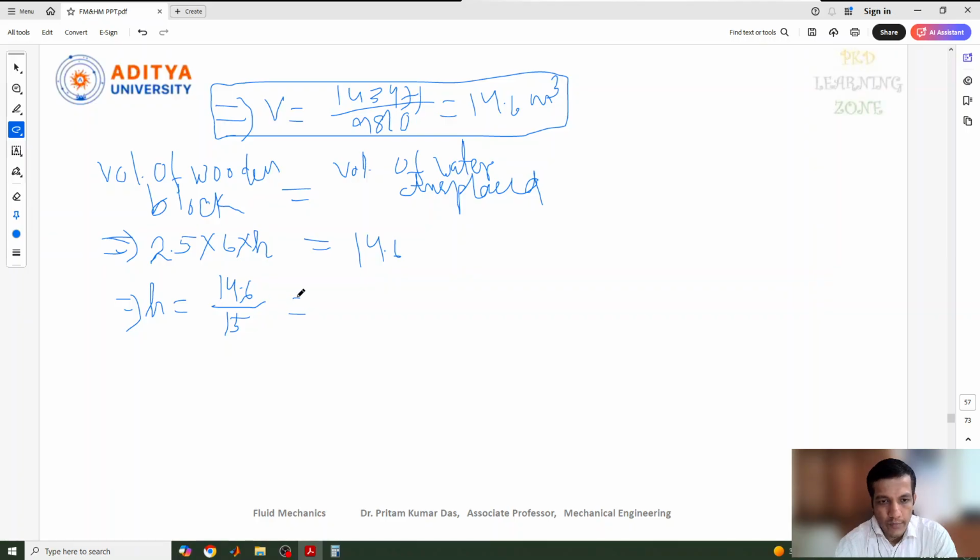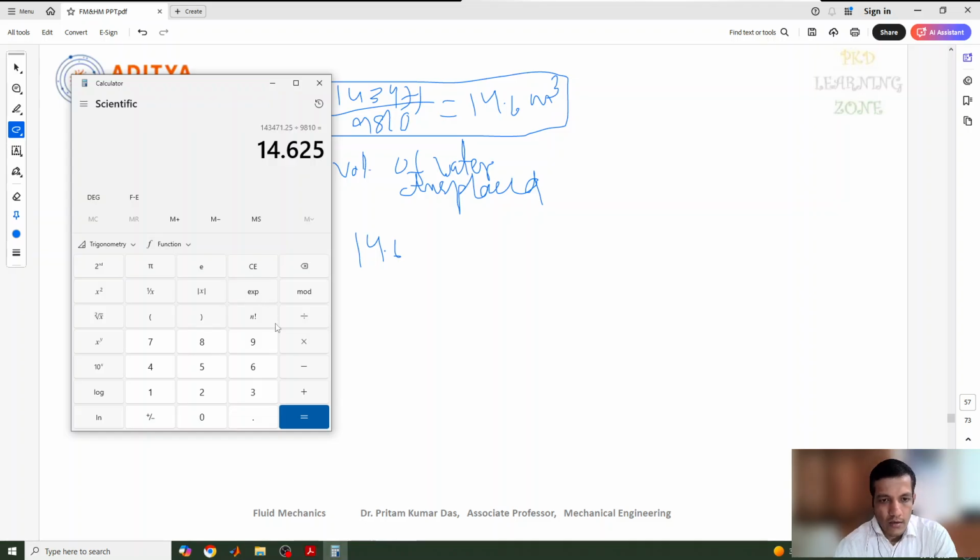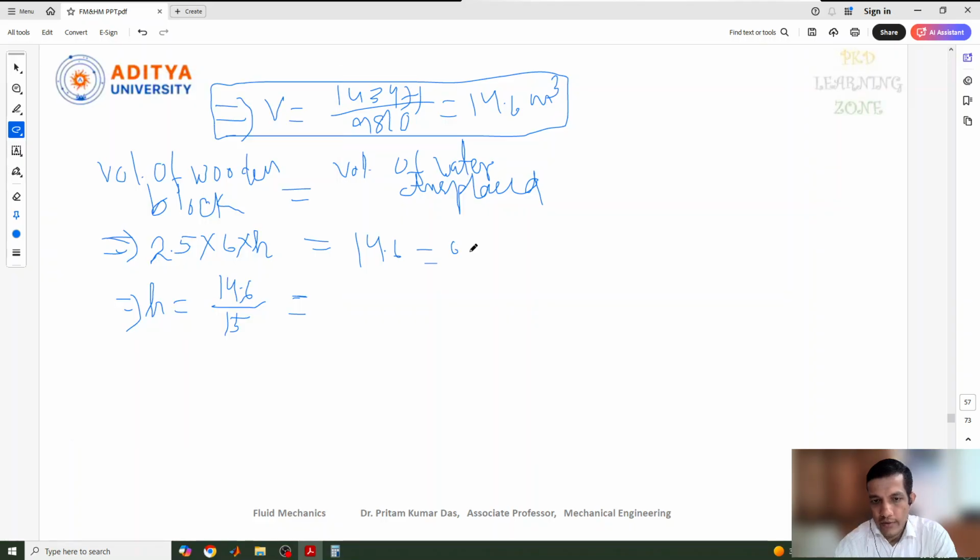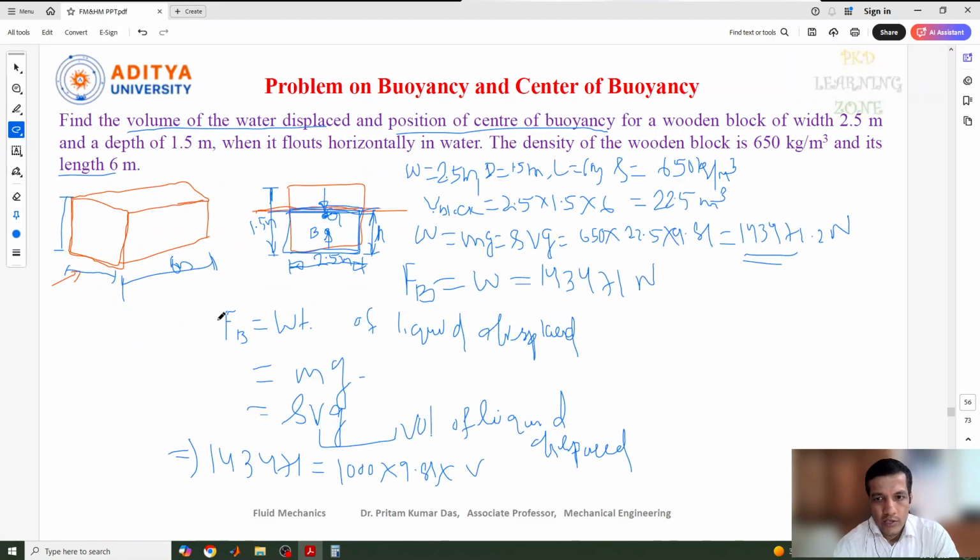So here we'll get 0.9 something, exactly, divided by 15, I can do directly 0.975 meter. Okay, so this is the h value. That means the total height of this object which is inside the water. But we need to find out the center of buoyancy point, the B point.